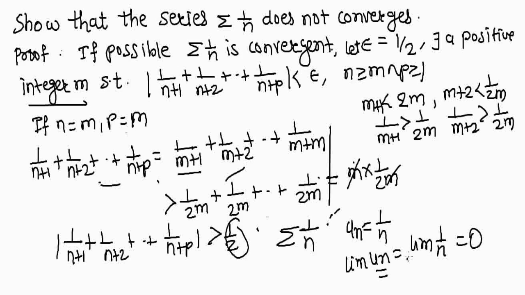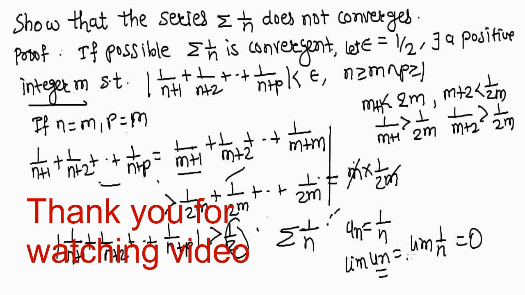So we cannot take the converse of that theorem: the series is convergent when the limit of un equals 0 is not always true. But whenever the series is convergent, the limit of un is equal to 0.